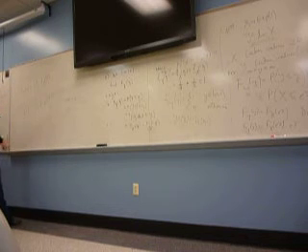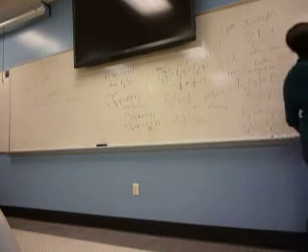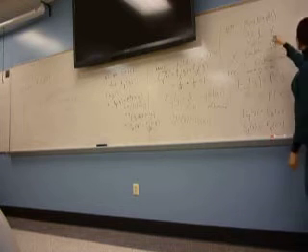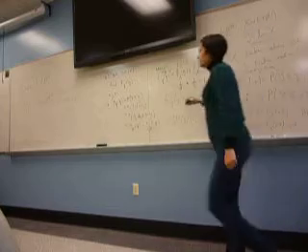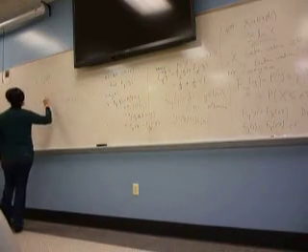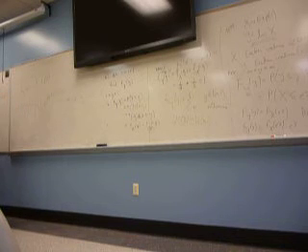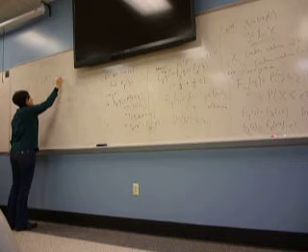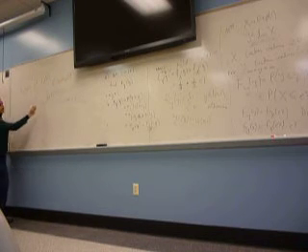I'm just plugging in my f of x from here. It's e to the negative x. If it wasn't 1, it was lambda, I'd have negative lambda times e to the y, if x is exponential lambda. And then I have lambda here too.